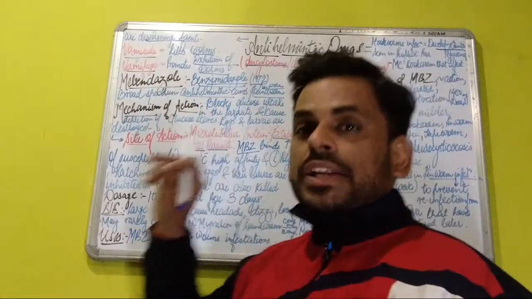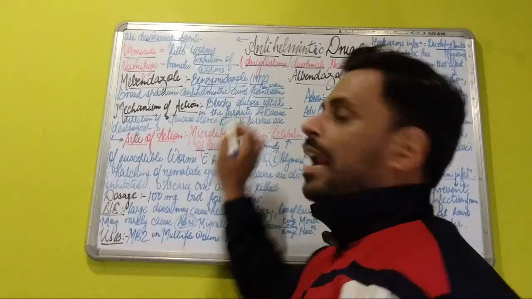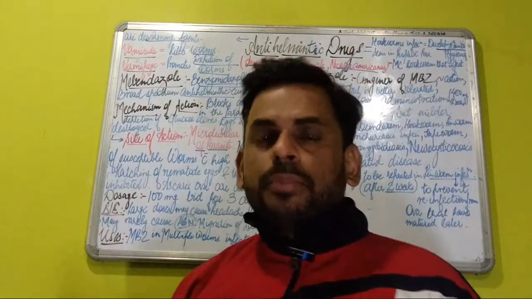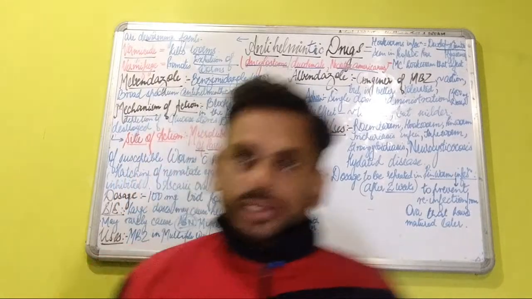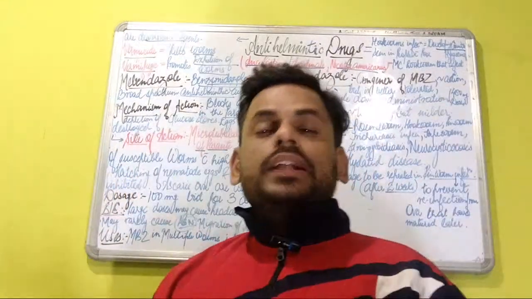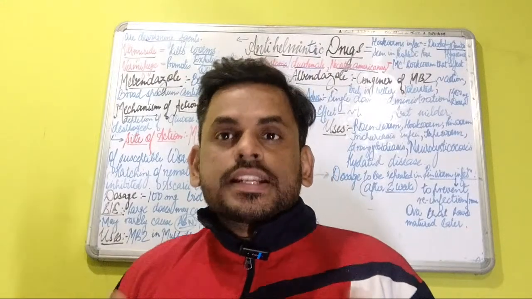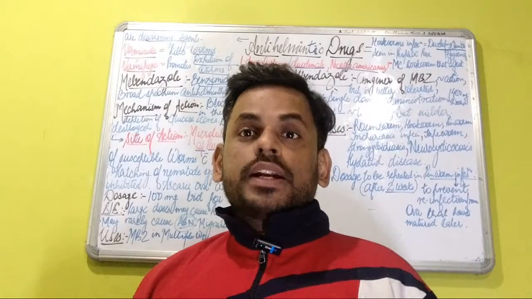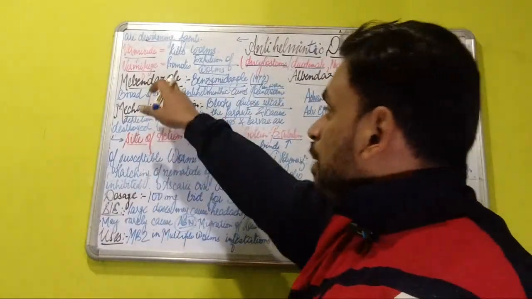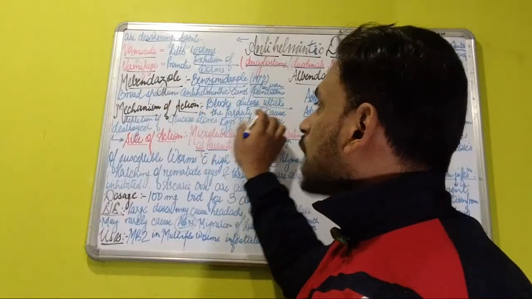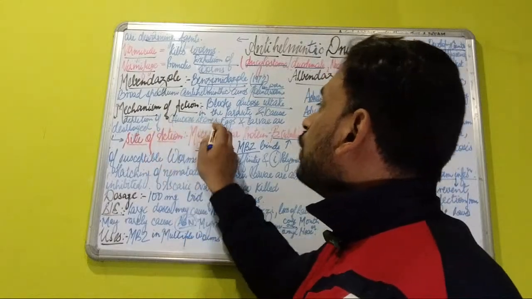So when we look at the mechanism of action of mebendazole, it blocks the glucose uptake in the parasite. This glucose is very important for the normal metabolism and functioning of the parasites. Once the parasite is unable to get an ample amount of glucose for its functioning, for its growth, for its reproduction, for its survival, mebendazole blocks the glucose uptake in the parasite, and it causes depletion of the glucose stores.